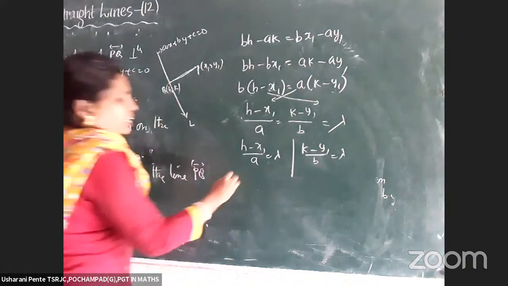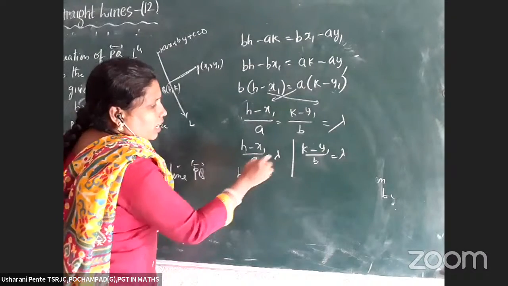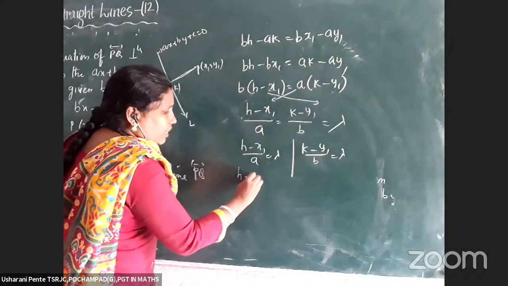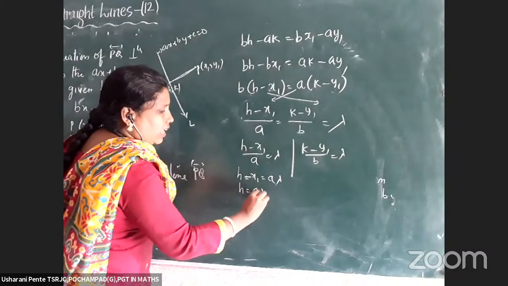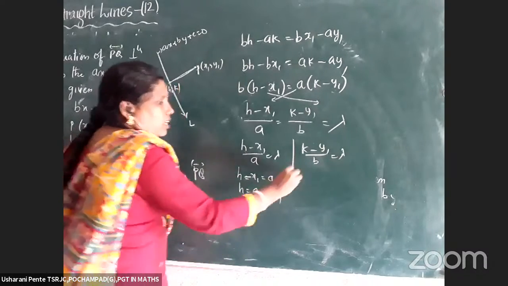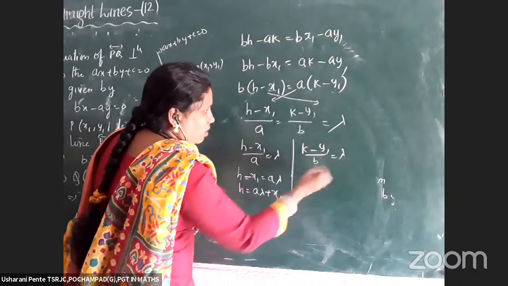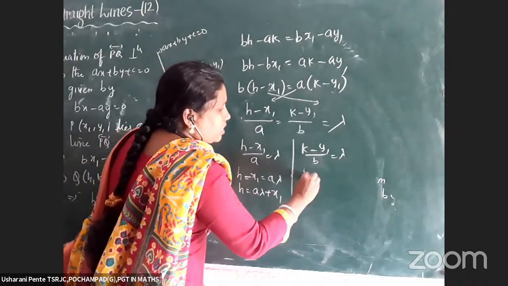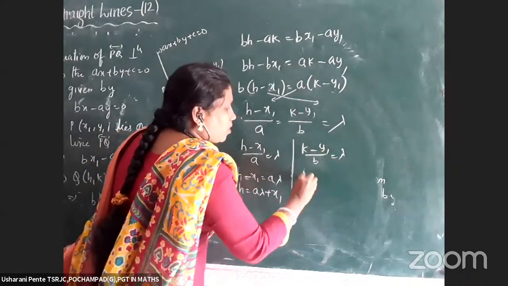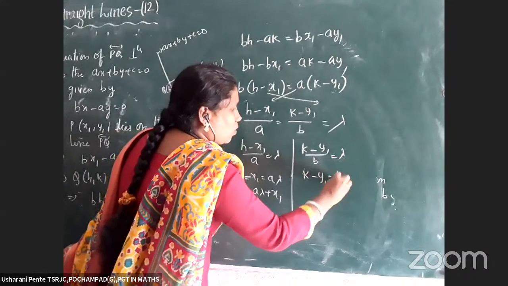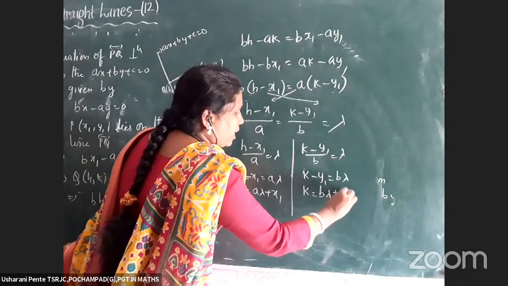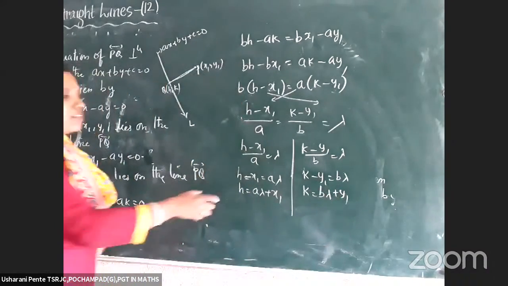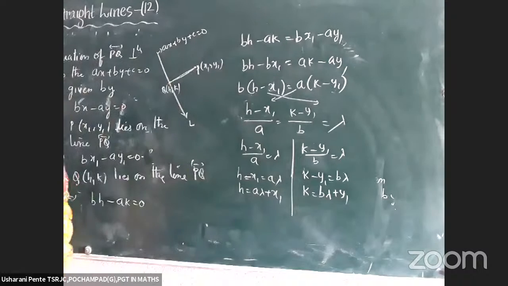So h minus x1 is equal to a into lambda, and h is equal to a lambda plus x1. In a similar way, k minus y1 is equal to b lambda, and k is equal to b lambda plus y1. Therefore, we have found this point (h, k).